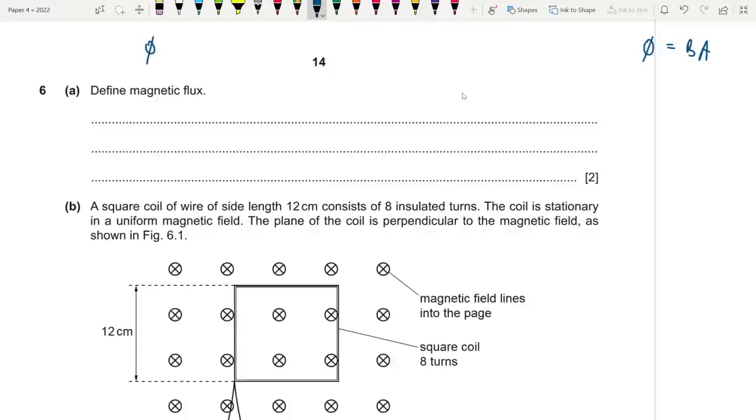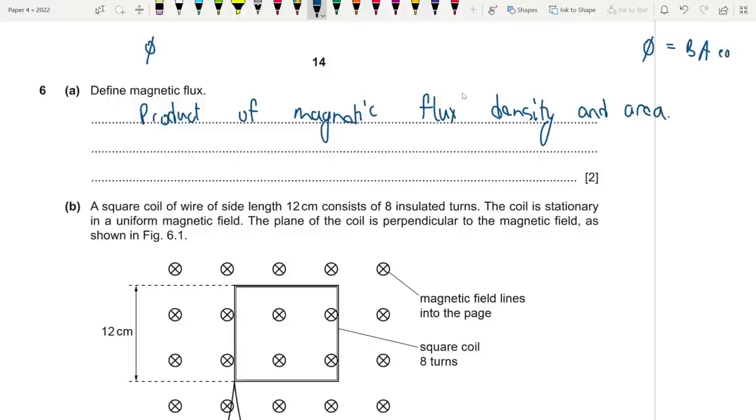So it's either BA or BA cos theta, but we can mention that in the beginning. Okay. So magnetic flux is basically the product of, what is this B? Magnetic field strength or magnetic flux density? So it's the product of magnetic flux density and area. It's actually sine theta, but we assume that theta is 90 degrees. Sorry, BA sine theta, right?